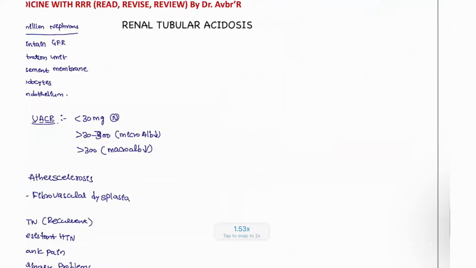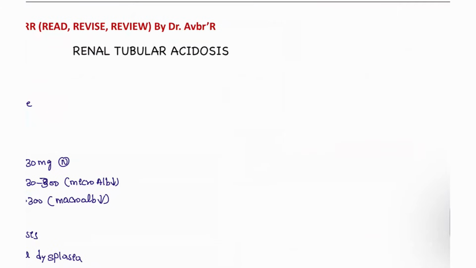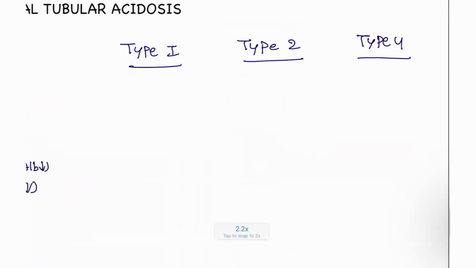Next, moving on to renal tubular acidosis. We have three types, right? Type 1, type 2, and type 4. Type 3 is not mentioned, that is not even discovered as of now.